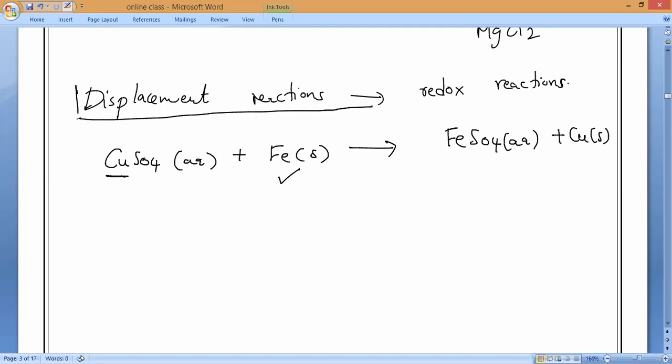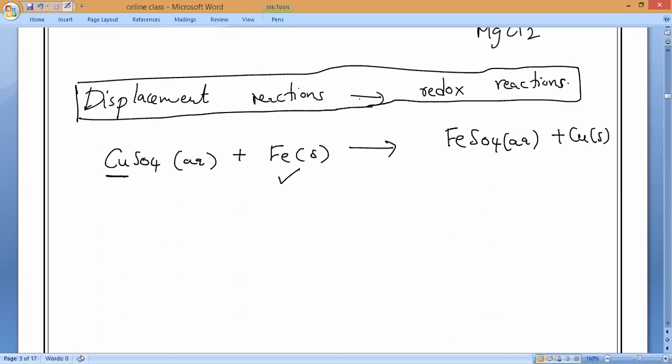Every displacement reaction is an example of a redox reaction. Why? Here, who is the more reactive? Iron. Every more reactive metal gets oxidized and less reactive metal gets reduced into metal. That is what you have to remember.